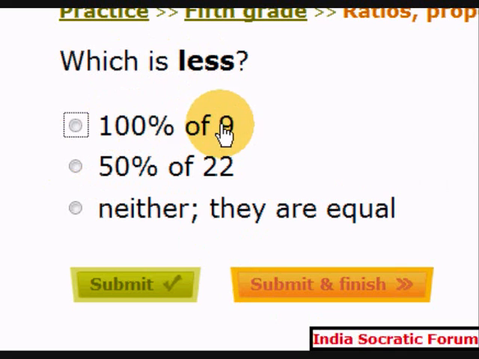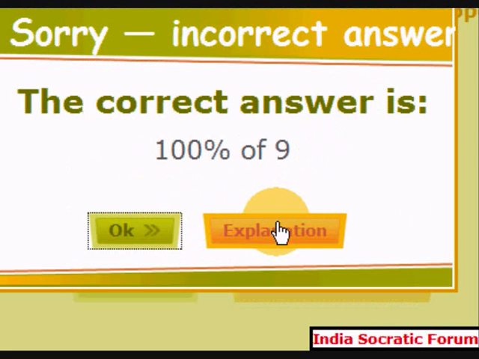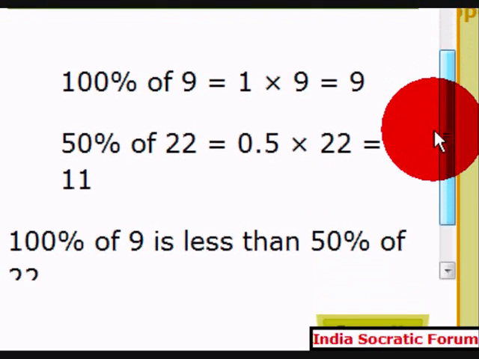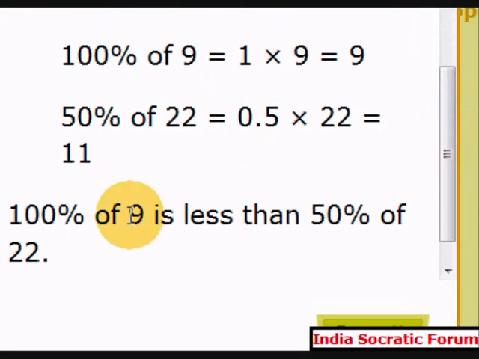Which is less, 100% of 9 or 50% of 22, or neither? The answer is 100% of 9. Do you know why? Write the percent as a decimal, then multiply, right? Okay, here is the reason. Read it loud.